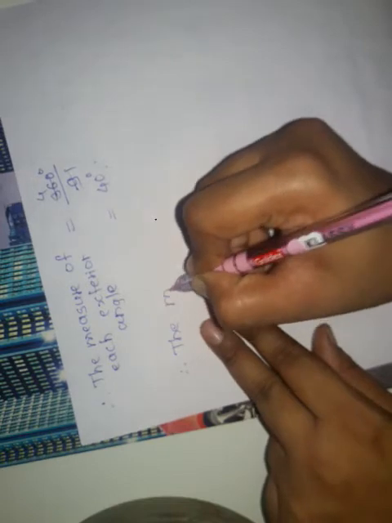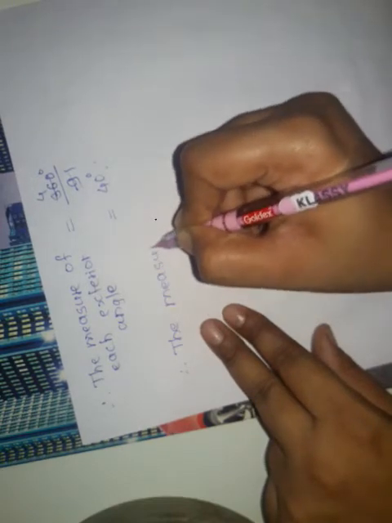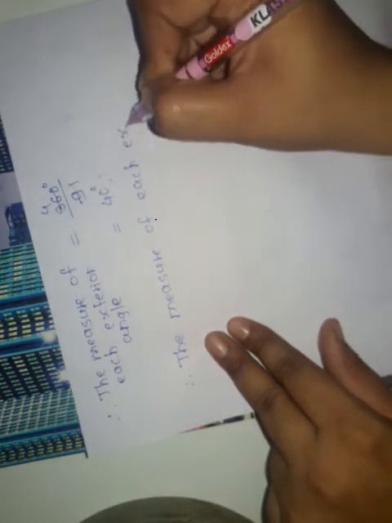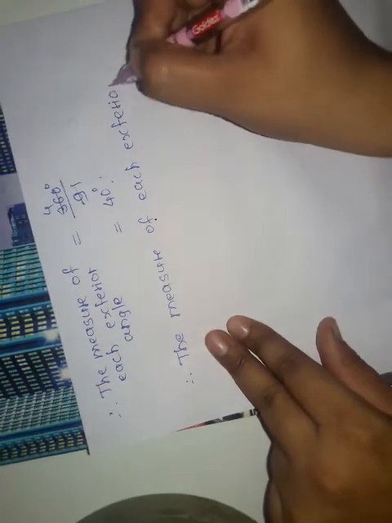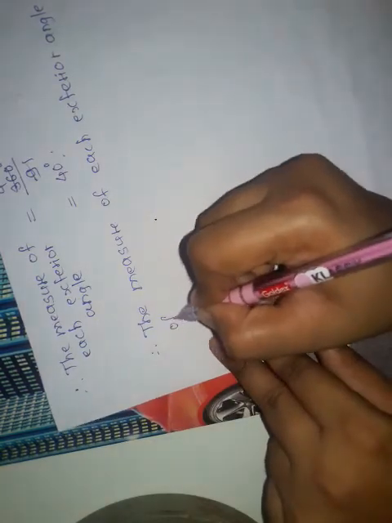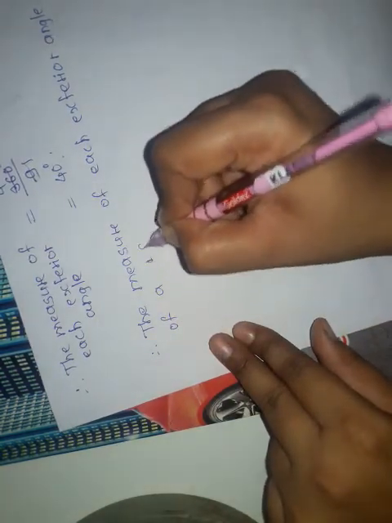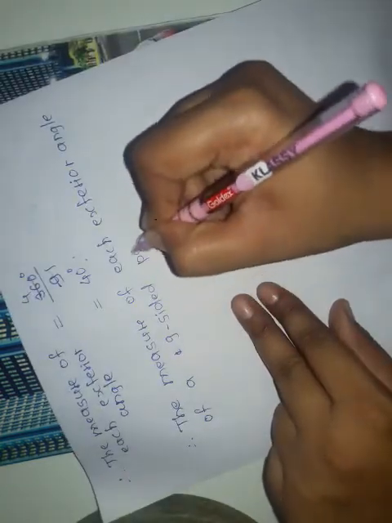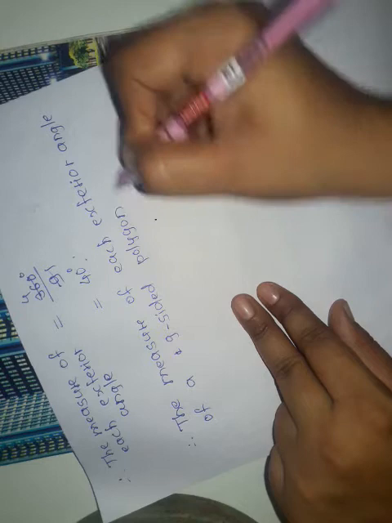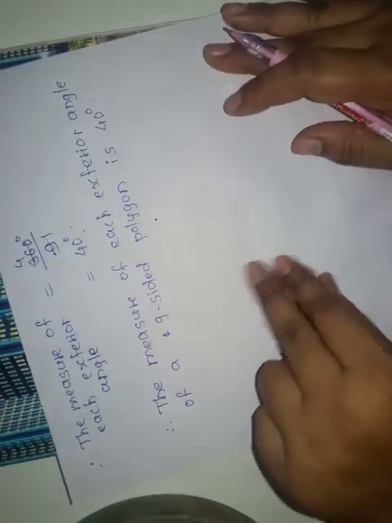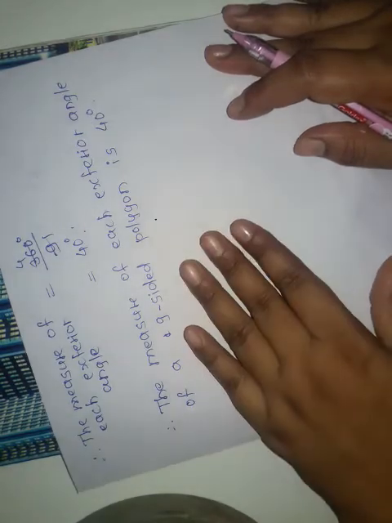Therefore the measure of each exterior angle of a 9-sided polygon is 40 degrees. Now try to solve another example, that is for 15 sides, at home.